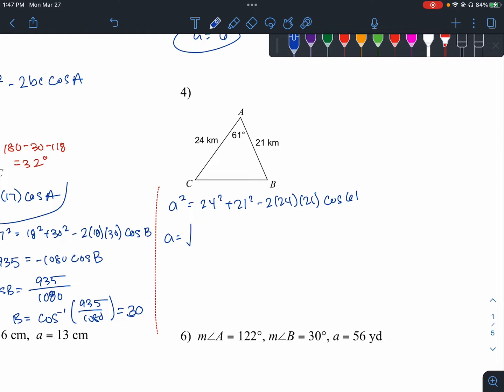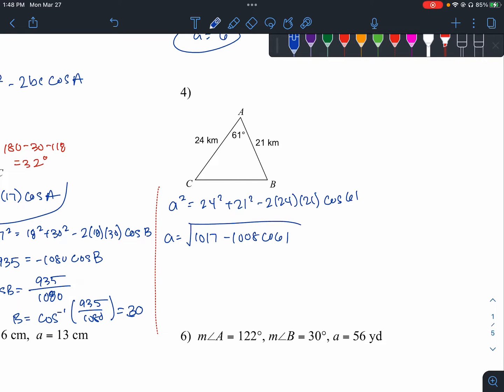But what I like to do is this part first. 24 squared plus 21 squared is equal to 1017. And then I'll do this part next: negative 2 times 24 times 21, and I get negative 1008, and then cosine of 61.